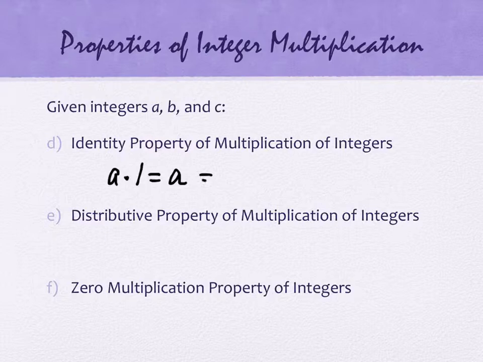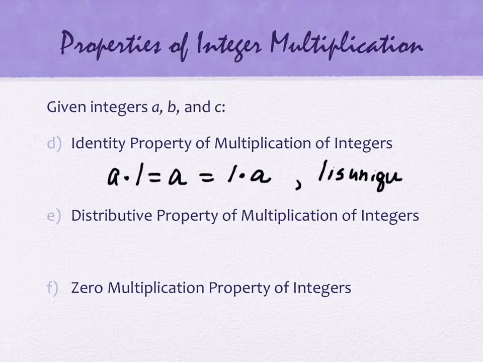Equals 1 times A. Right. We want to do the multiplication in either order. We kind of get it for free because multiplication is commutative, but we do want to recognize that this works in either order. And this number 1 is unique. That is, it's the only number that does this. There's no other number that has this ability within our number system.